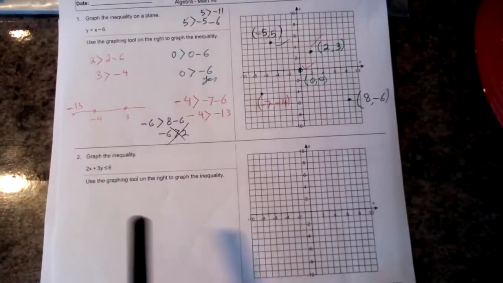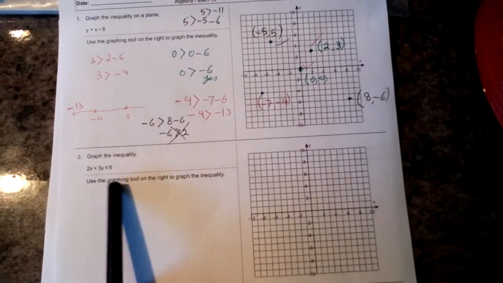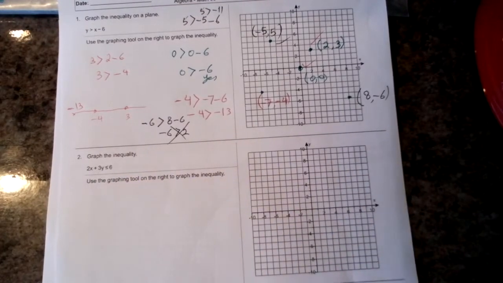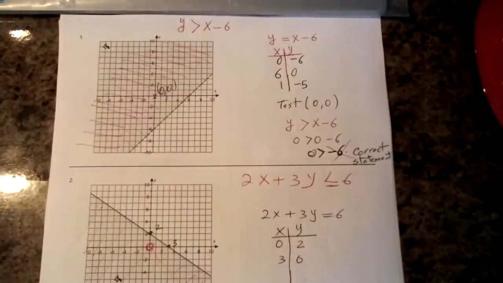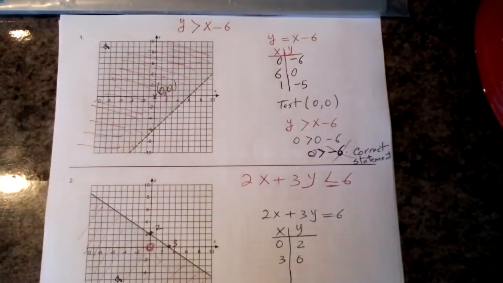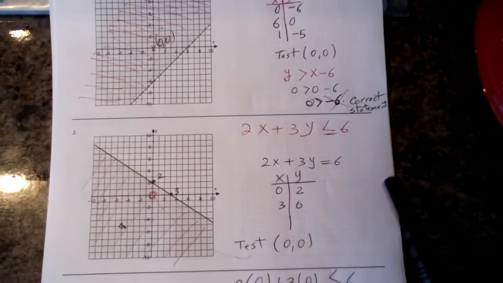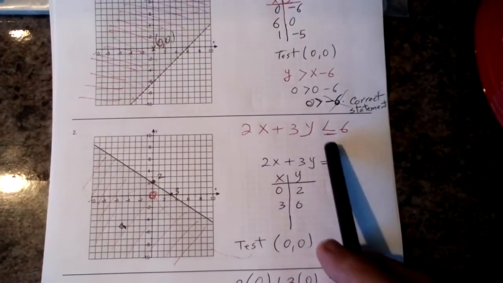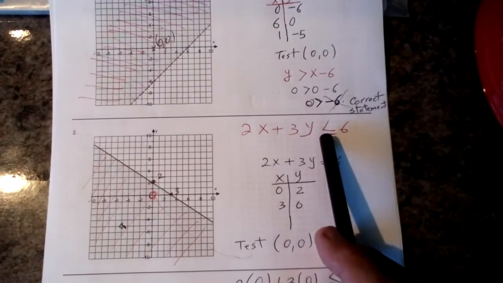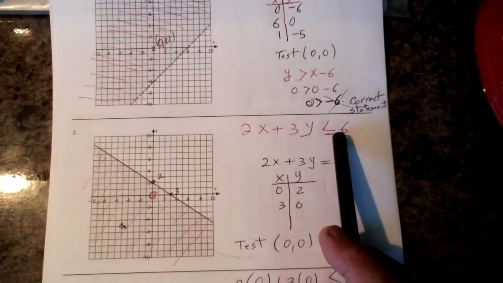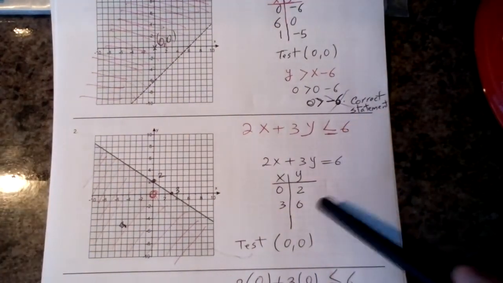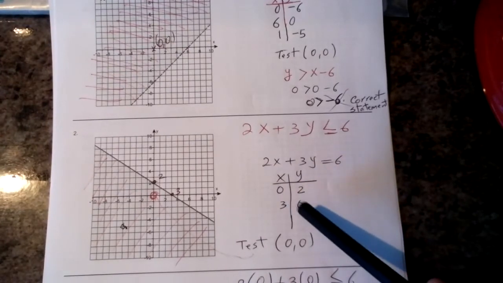Look at the second problem. Same thing. First we graph it. When you graph it, you can think of it as an equation. You don't have to deal with the inequality sign. The inequality sign is for when you want to figure out whether you need to shade below or not. Again, there are 2 points.